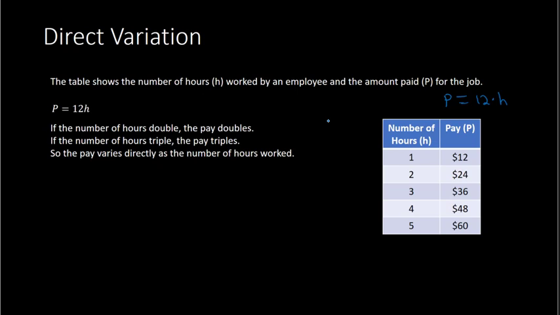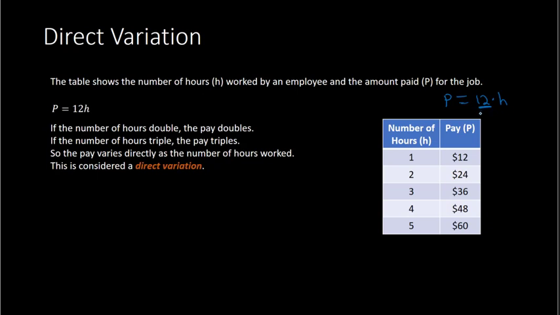So this example is considered a direct variation because both the hours and the pay are increasing. As the hours increase, the pay increases. This number 12 right here, the 12 that is being multiplied to show the pattern, so like from hours to pay, 1 to 12 or 2 to 24.